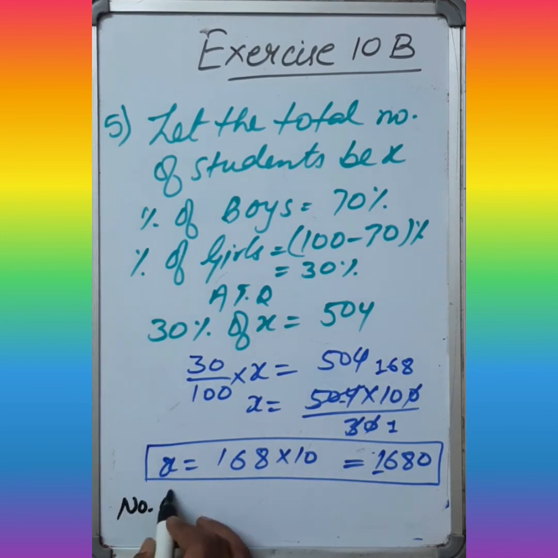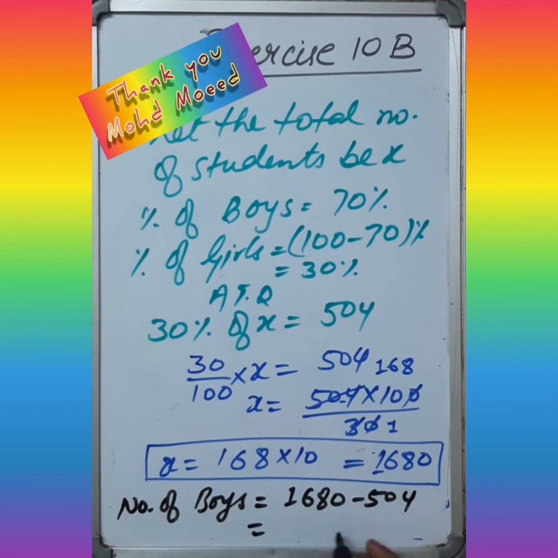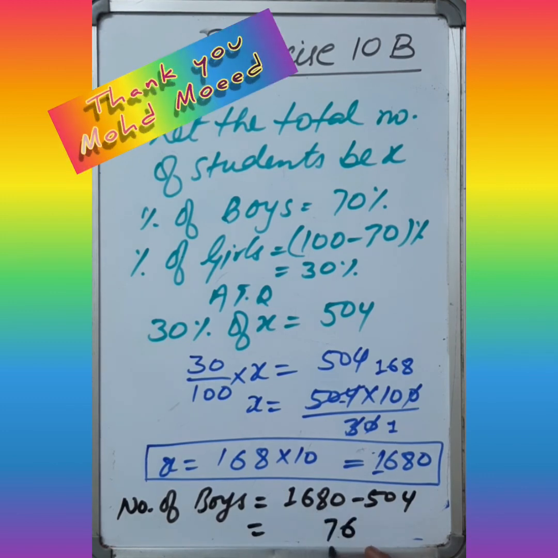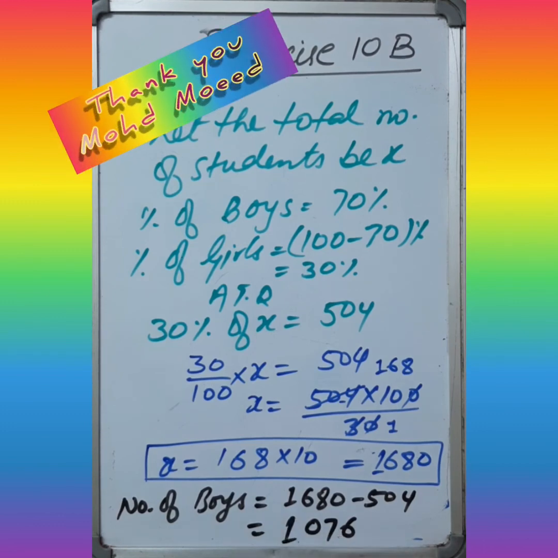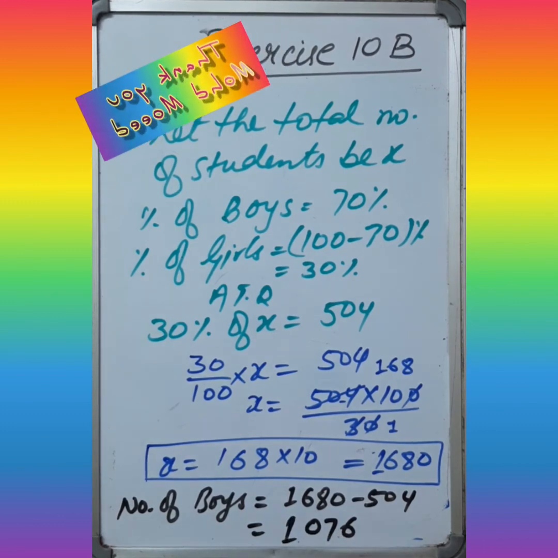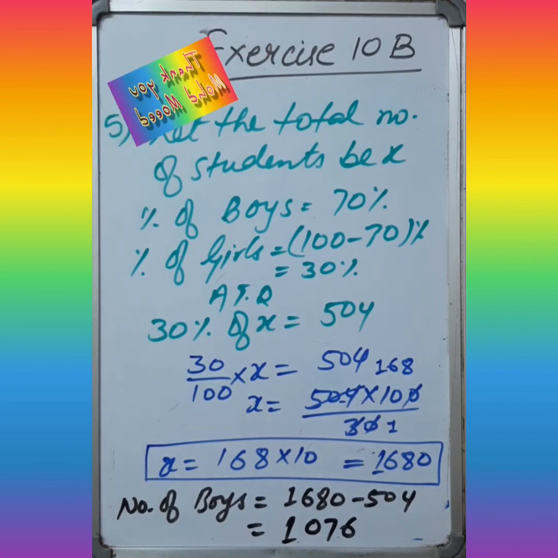So the number of boys, we subtract girls from the total: 1680 minus 504 equals 1176. This is the total number of boys in the school. Hope you all understand this topic. Thank you.